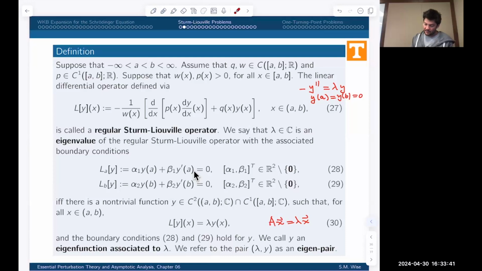So if I set, for example, A equal to 0 and B equal to pi, then the eigenvalues should just be lambda equal to k squared, where k is a non-zero integer. I think that's right, you can check. In any case, that's the classical Sturm-Liouville problem that has the sine and cosine eigenfunctions.